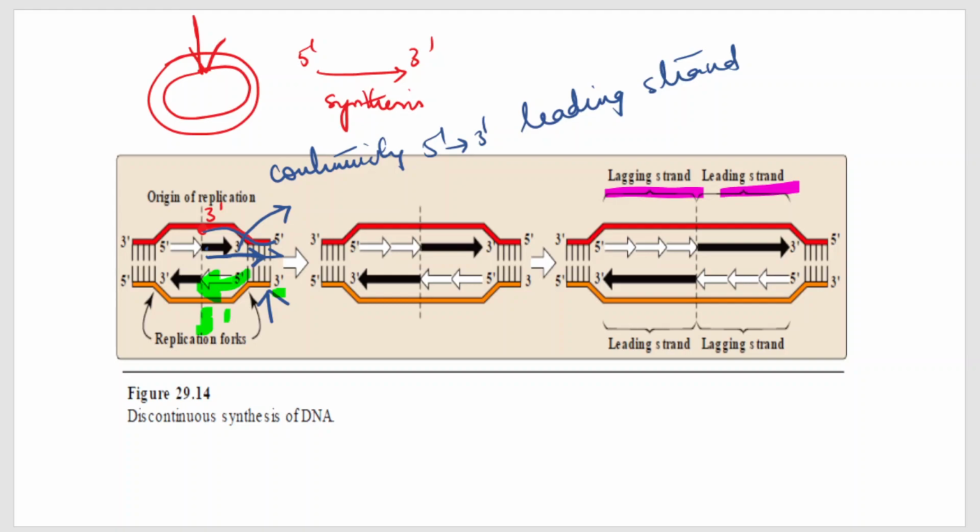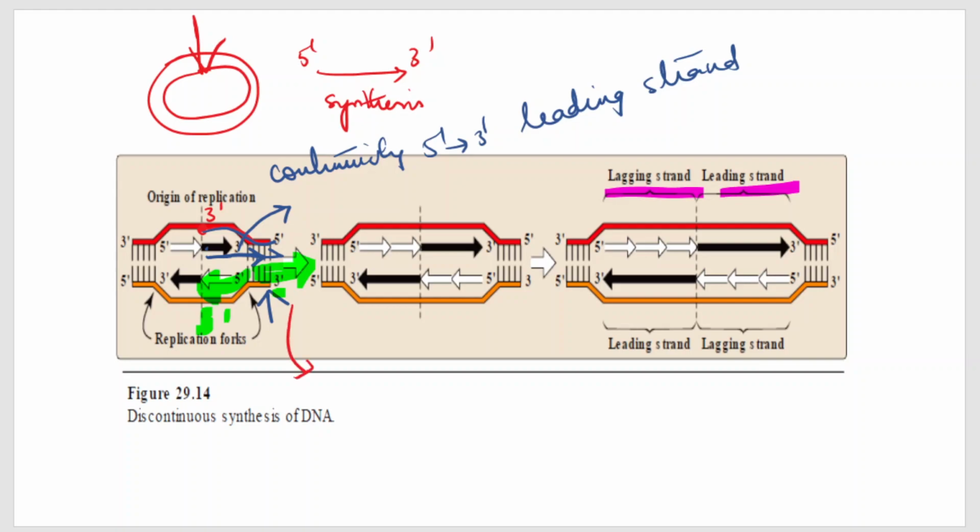Again the DNA helicase will unwind this DNA in this direction. As and when it unwinds, we have to synthesize a new DNA. So we can do it in the 5' 3' direction in a discontinuous manner only.